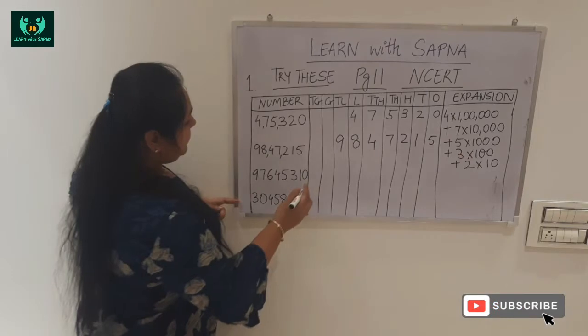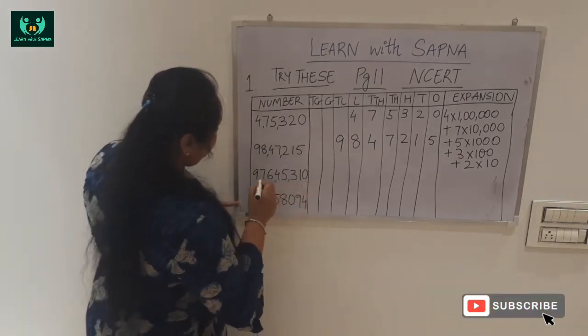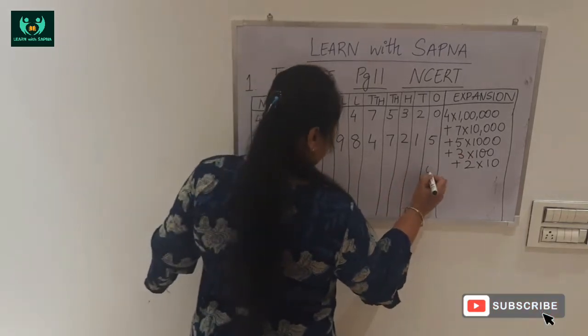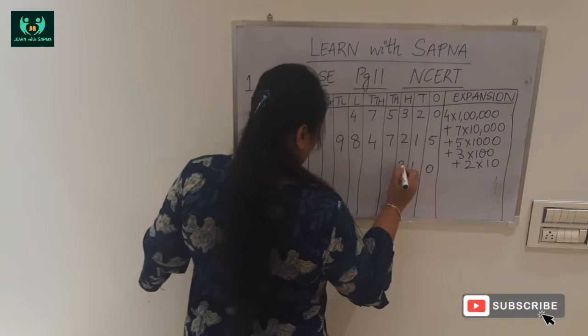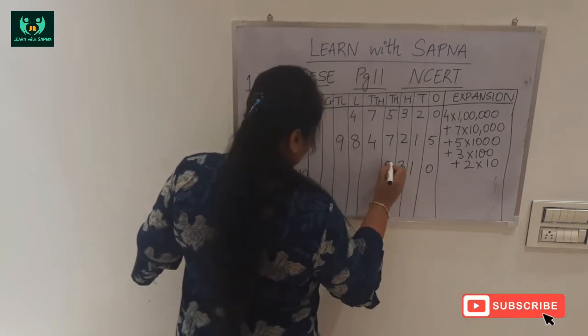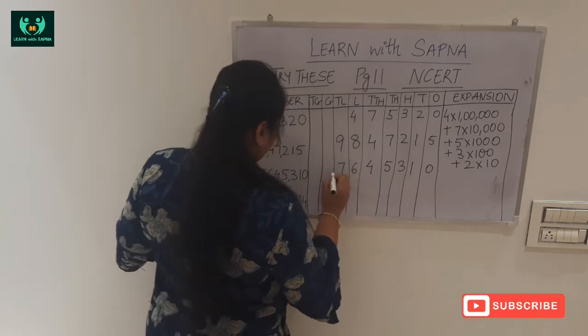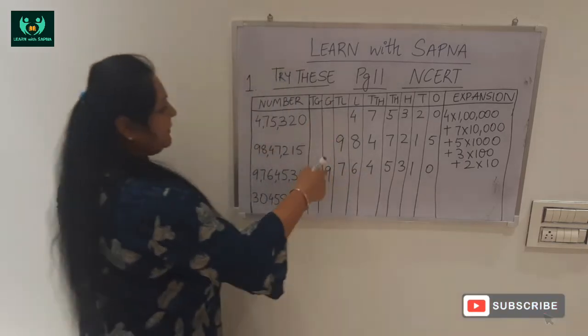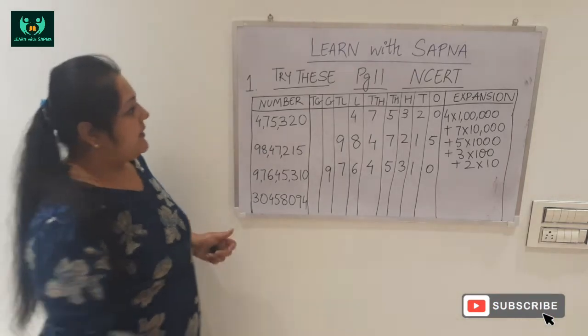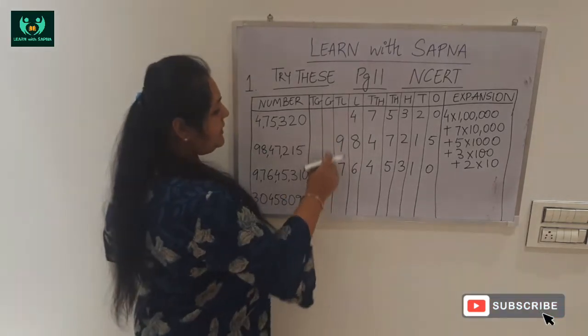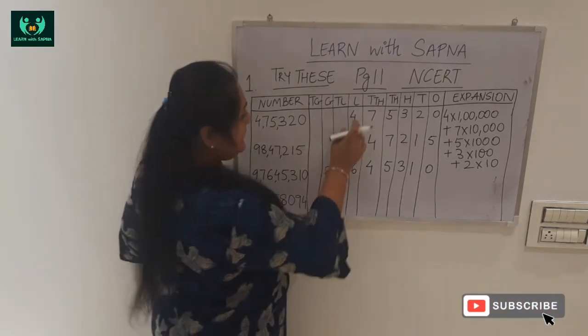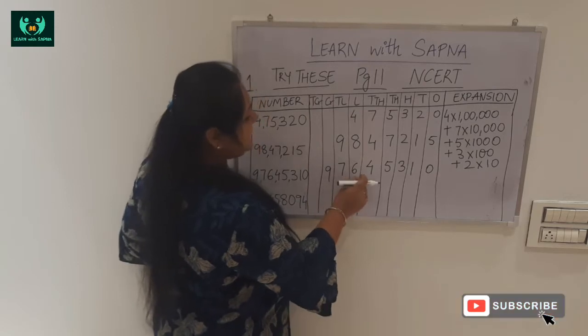Now next, again first we'll put the commas. Starting from the right: 0, 1, 3, 5, 4, 6, 7 and 9. Now this is coming till crores, right? This line has become crore. So 9 crores, and in lakhs we again have 7, 70 and 6.